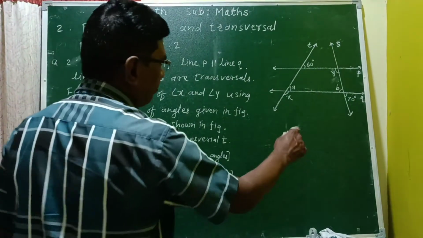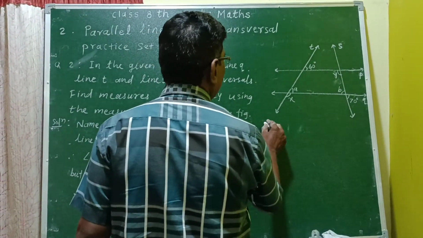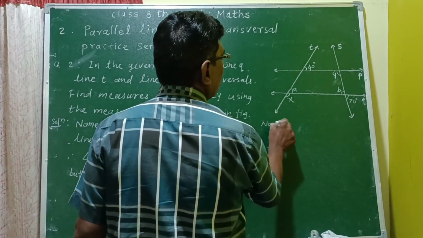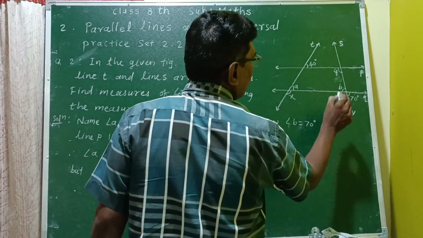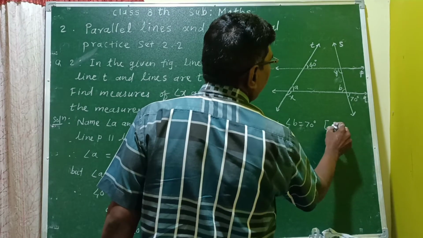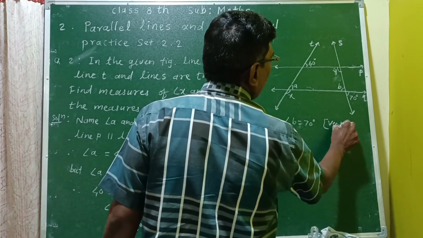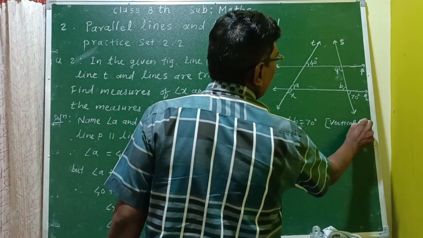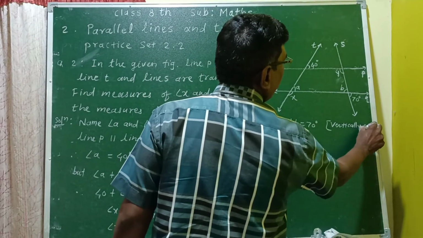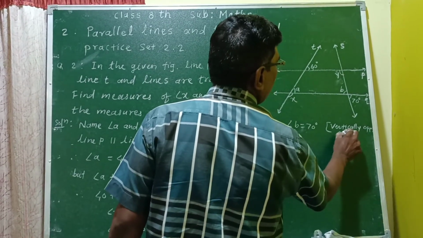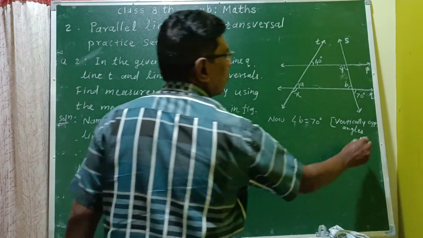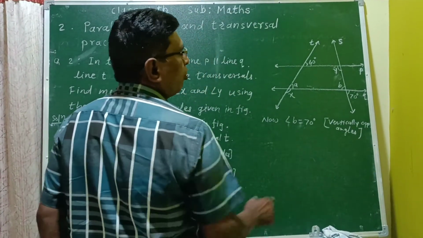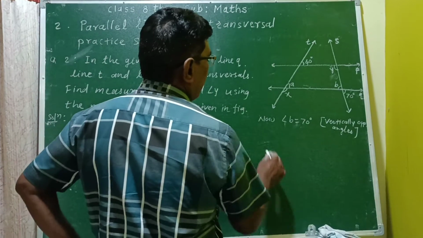Now, here angle B is equal to 70 degrees because B and 70 are vertically opposite angles.